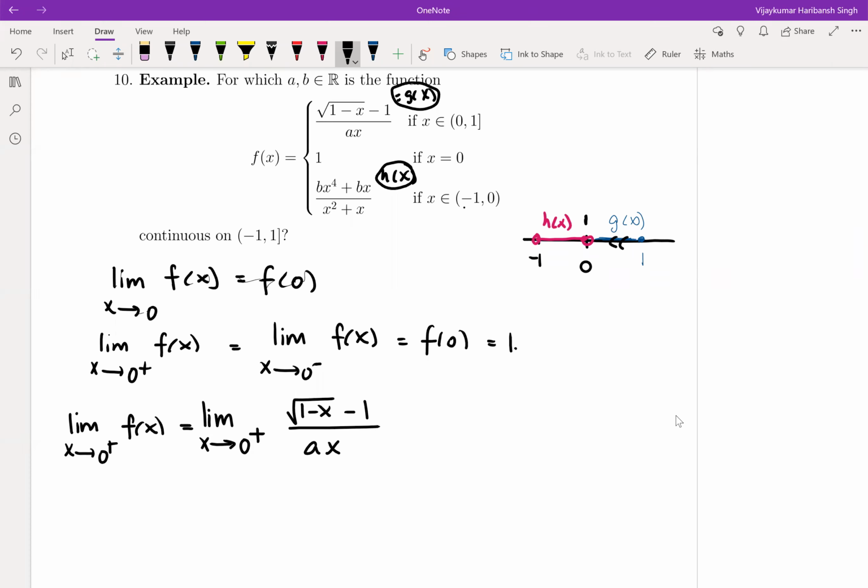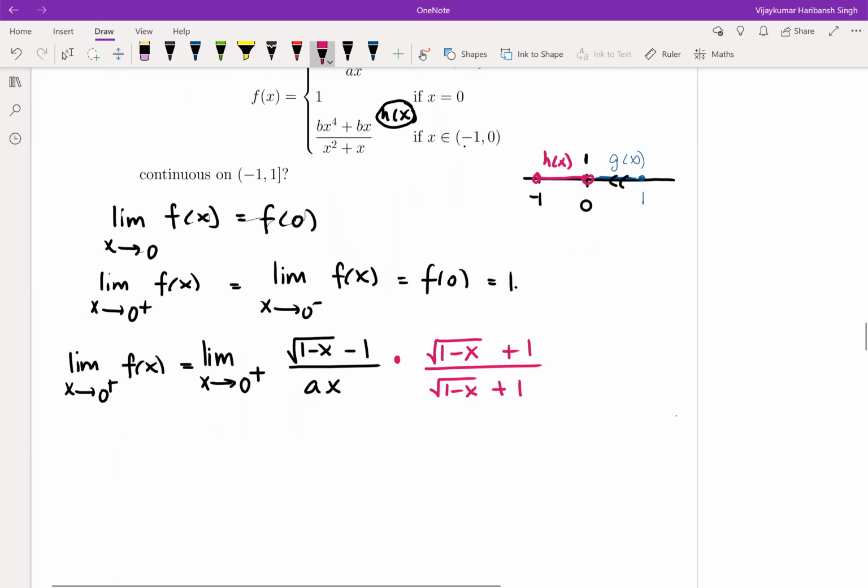So you need to get a factor of x minus 0, which is x, out. There's a factor of x already in the denominator, so we need to rationalize it. So this limit is the same as this multiplied by square root of 1 minus x plus 1 divided by square root of 1 minus x plus 1.